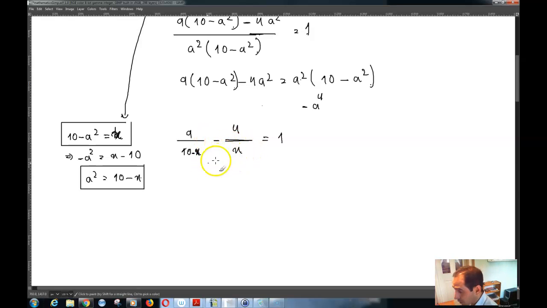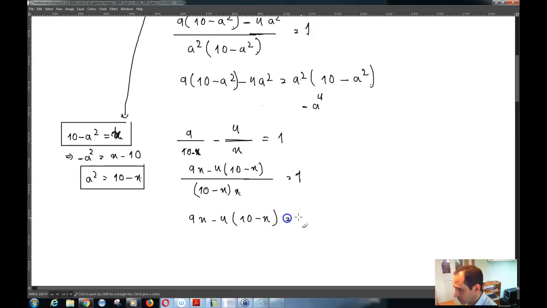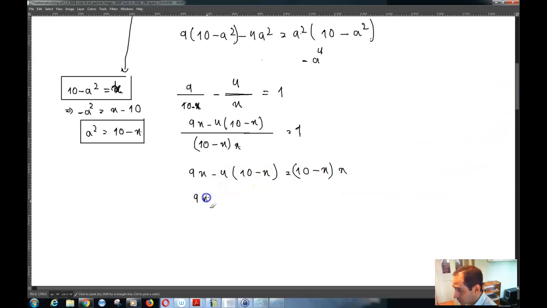So then I can write the denominator as the LCM. I write 10 minus x times x, and then that is 9x minus 4 times 10 minus x is equal to 1, and so 9x minus 4 times 10 minus x is equal to 10 minus x times x. And so what that means is that 9x minus 40 plus 4x is equal to 10x minus x squared.